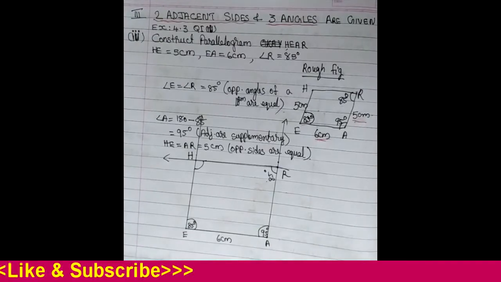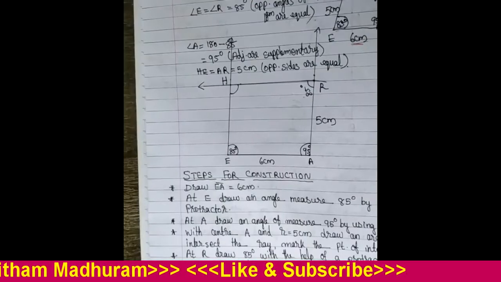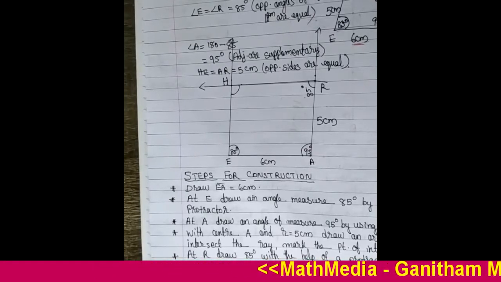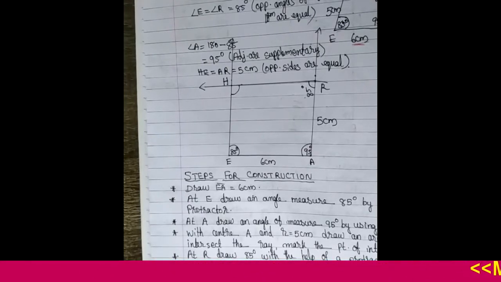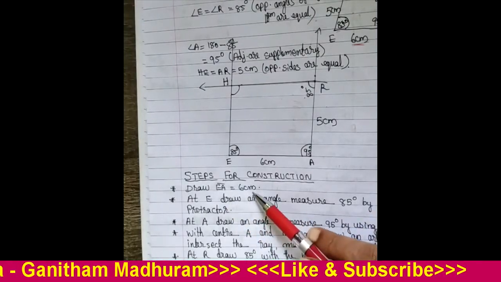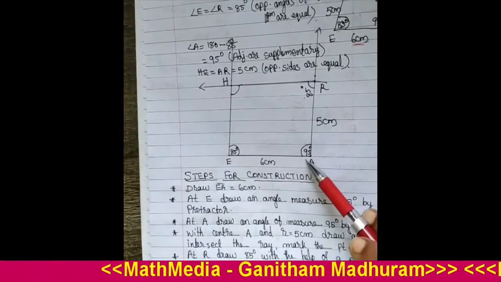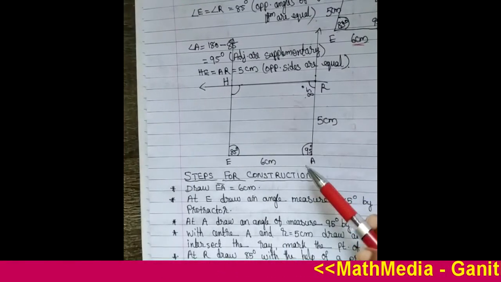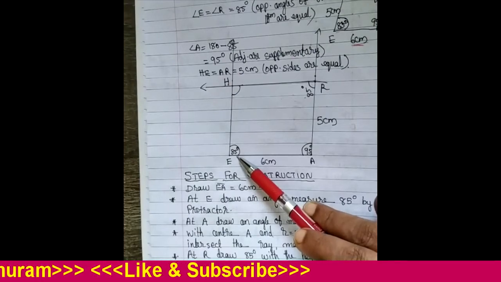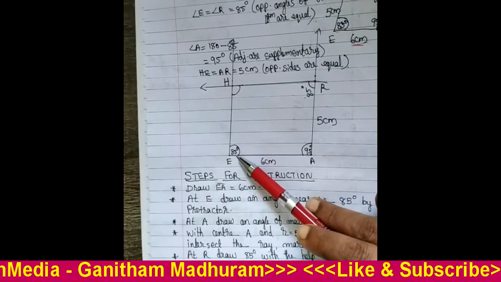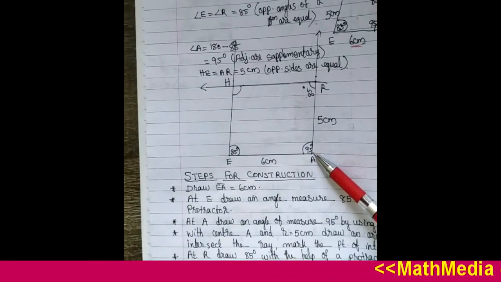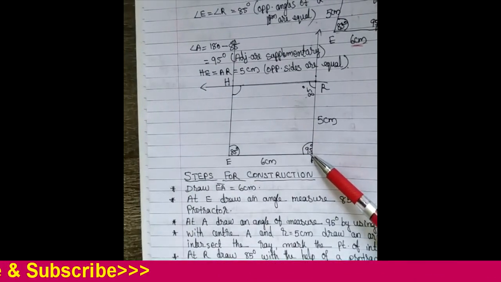Now we have to write the steps for construction. First, draw line segment EA equal to 6 cm. At E, draw 85 degree angle with the help of protractor. At A, draw an angle 95 degree by using protractor.